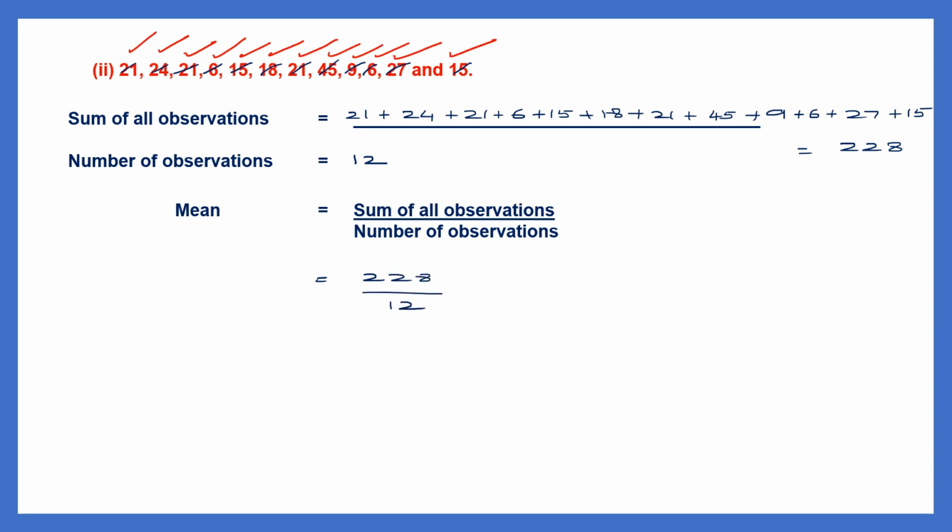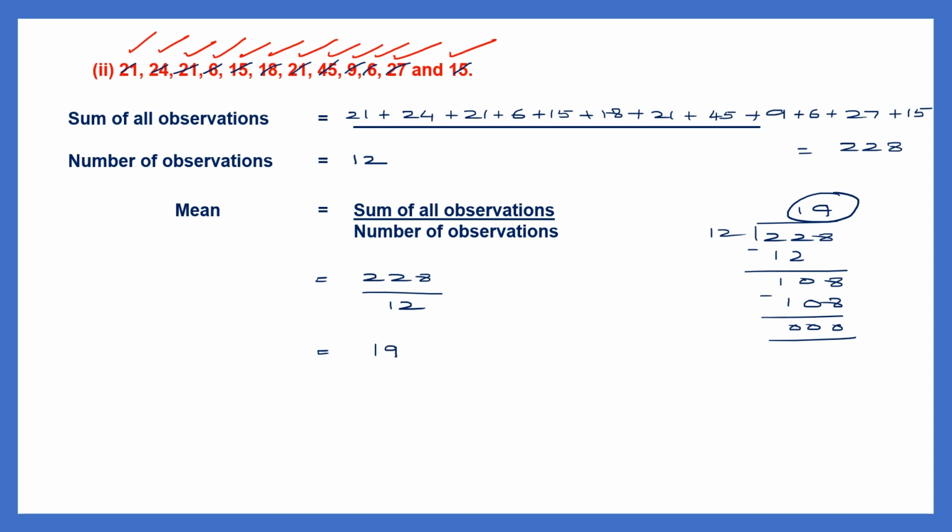Divide this by 12. So let's do that. 228 divided by 12. 12 ones are 12 minus 0. 2 minus 1 is 1. 8. 108. 12 into 9 is 108. So now we have our quotient. Our quotient is 19, which is the mean. So quotient is 19 and this is the answer.